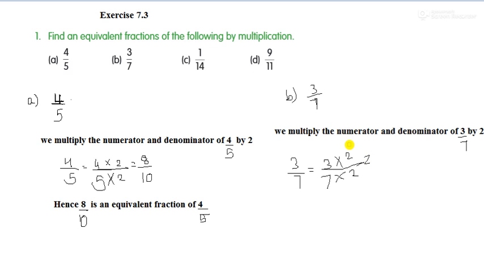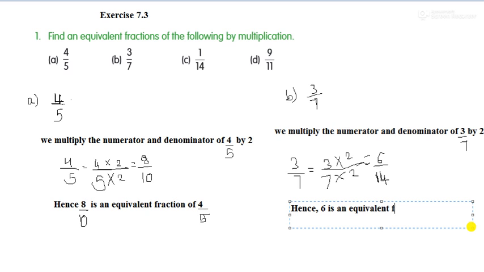So here 3 2s are 6, 7 2s are 14. So hence 6 by 14 is an equivalent fraction of 3 by 7.